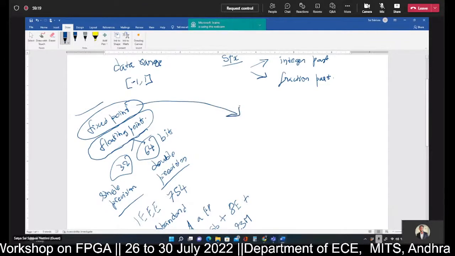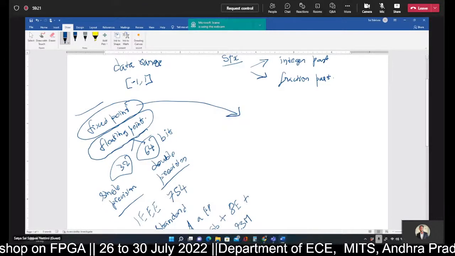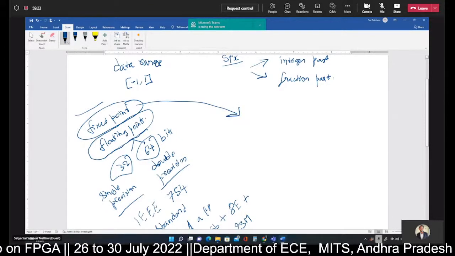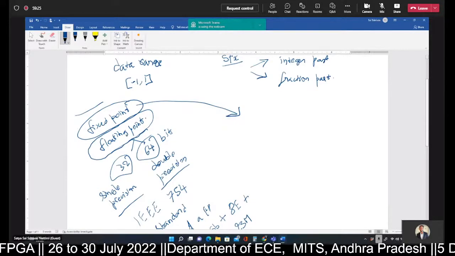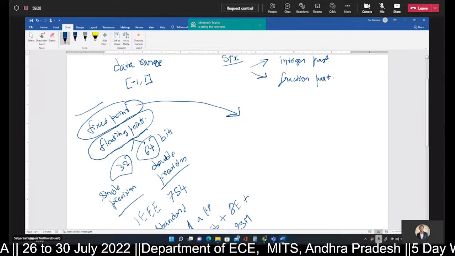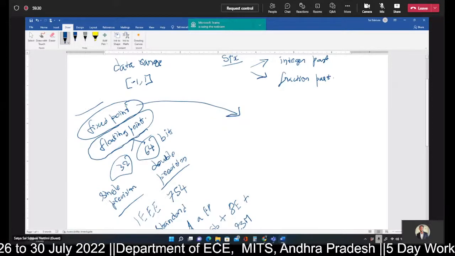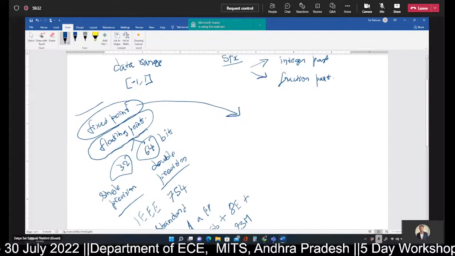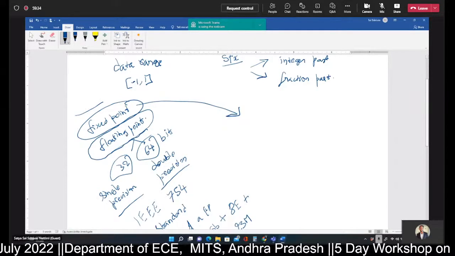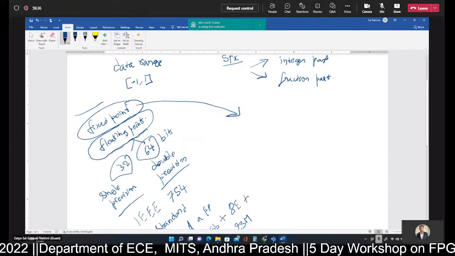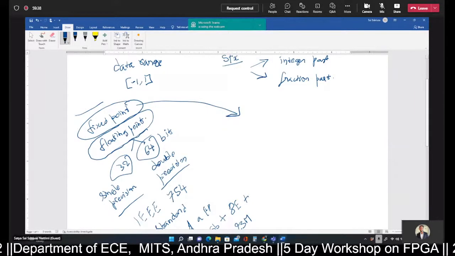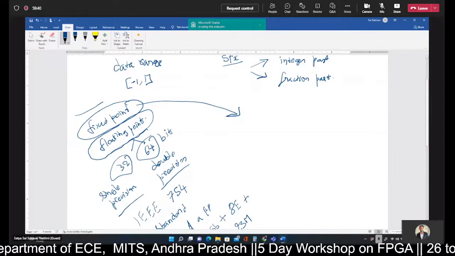Coming to what a fixed point is, as the name suggests, the point is fixed by the end user. There is no specific format, no constraint that you need to take this many fixed bits. The choice is ultimately with the end user.